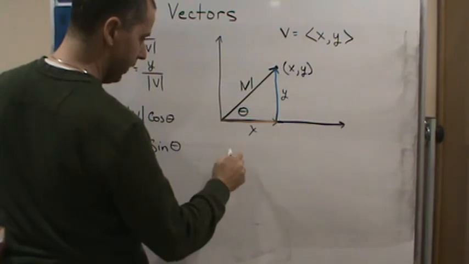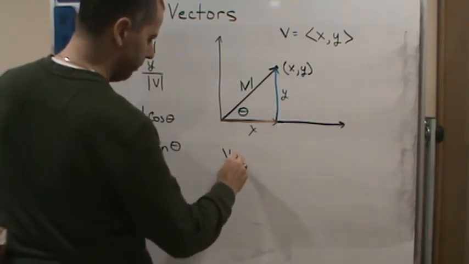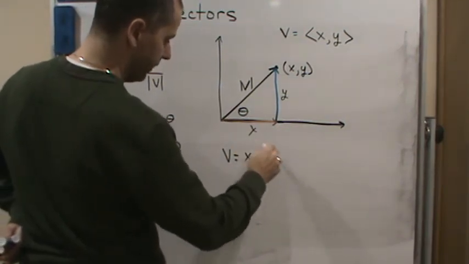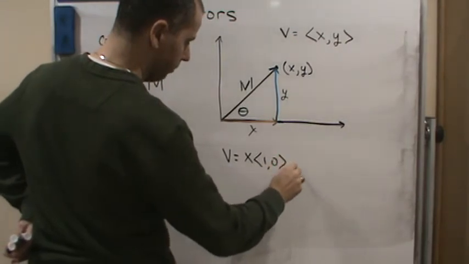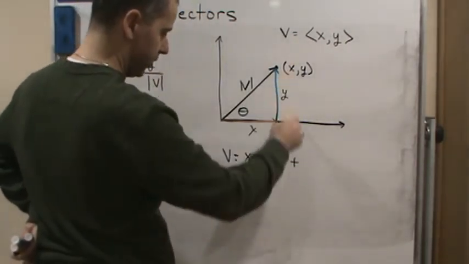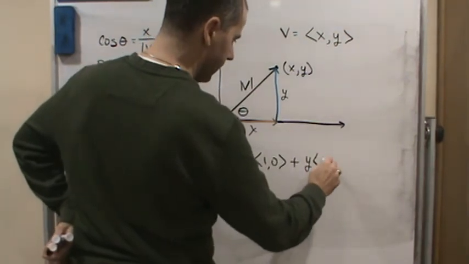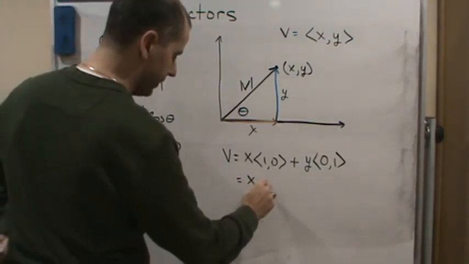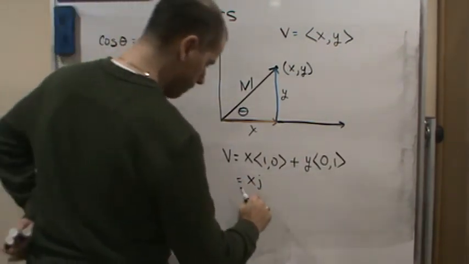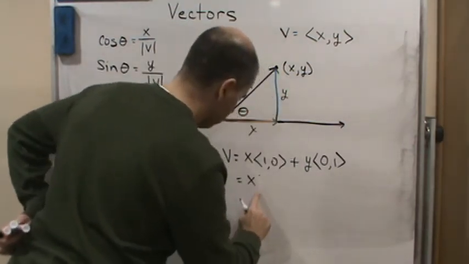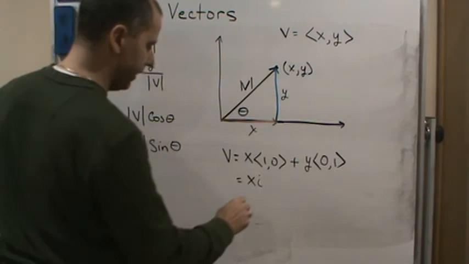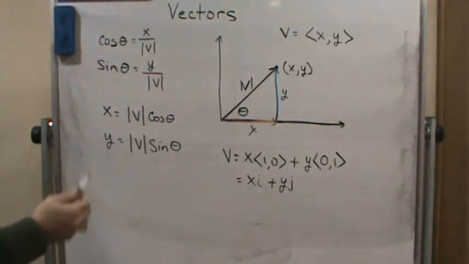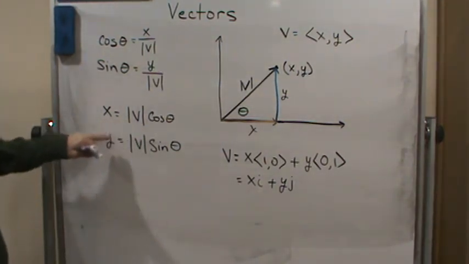Remember, this means that v is x times 1 comma 0 plus y times 0 comma 1, which just gives us x i plus y j.